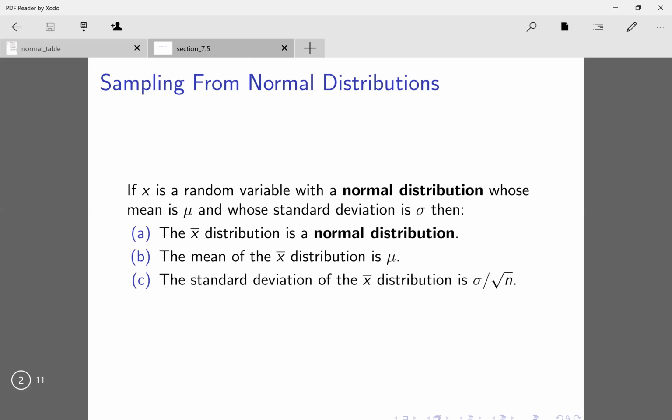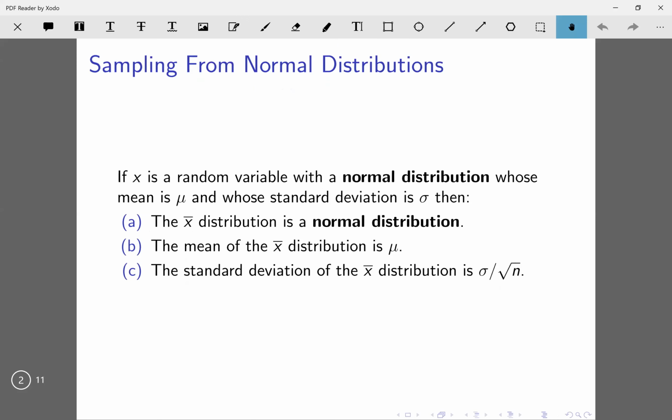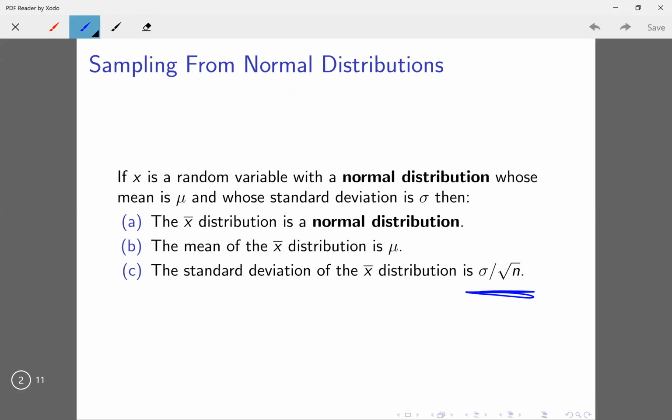So you see here the standard deviation, let me identify it for you. You see the standard deviation is the old standard deviation divided by root n, where n was the sample size. So this is going to be very helpful for us. It's a little bit more probability theory that we have to learn, but this will be very, very helpful for us when we need to learn about confidence intervals.